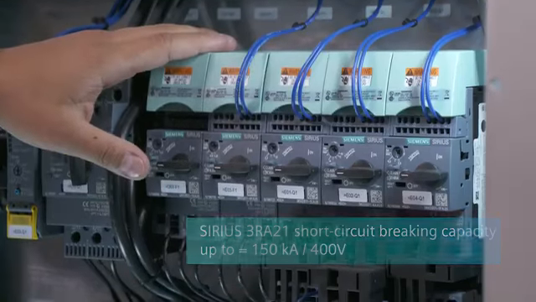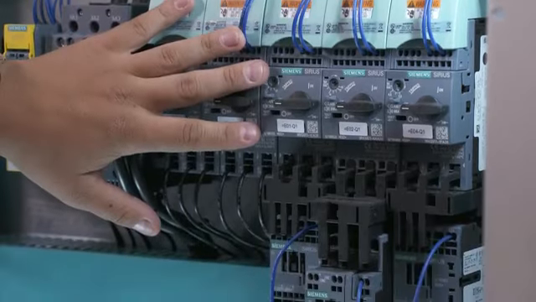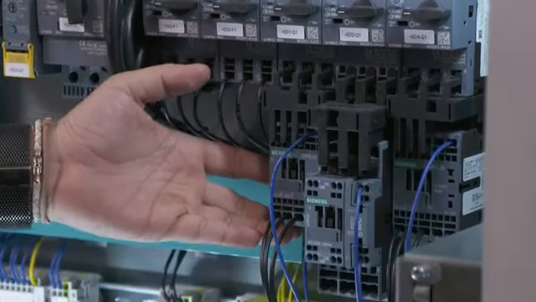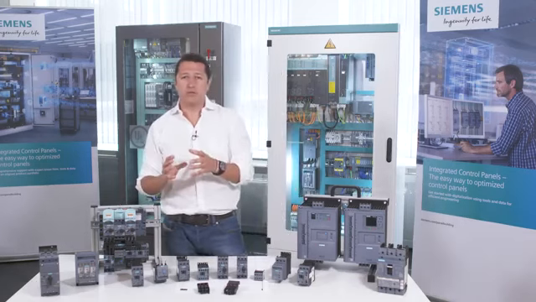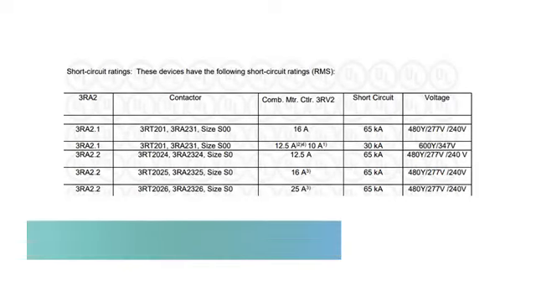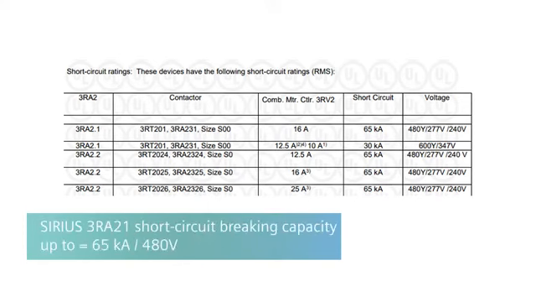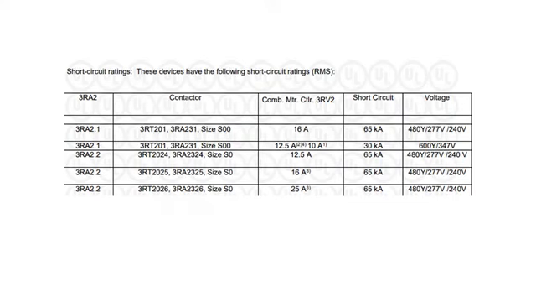These load feeders have also been tested according to North American UL and CSA standards, also as part of a tested combination. As you can see here, the values for the UL standard are 65 kiloamps at 480 volts. The goal is therefore the same, only the values differ depending on the standard requirements in various markets.